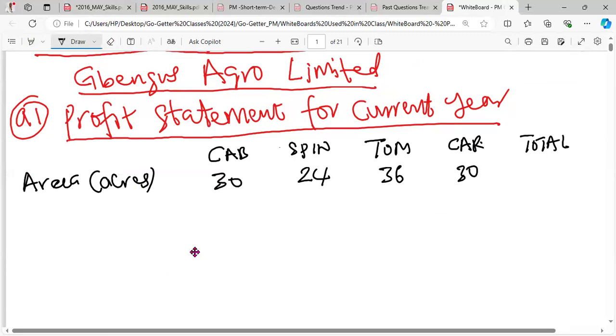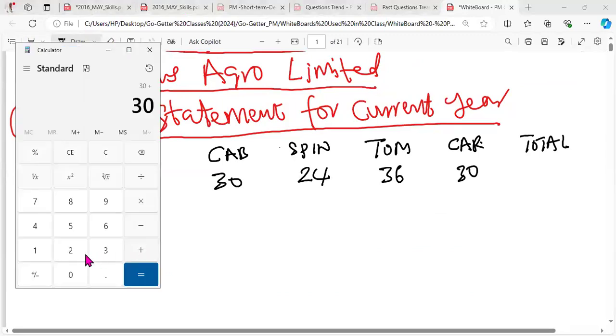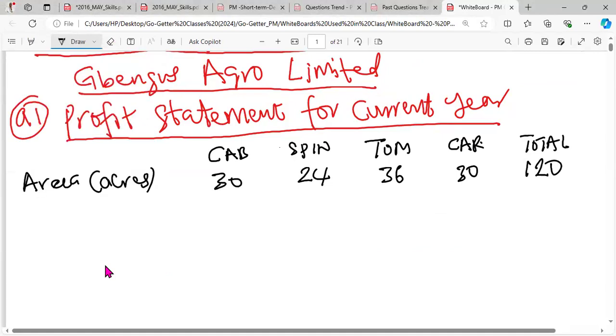If you add them together, what do we have? 30 plus 24 plus 36 plus 30 gives us 120 acres. So we are dealing with 120 acres.